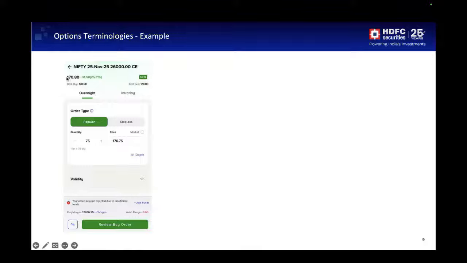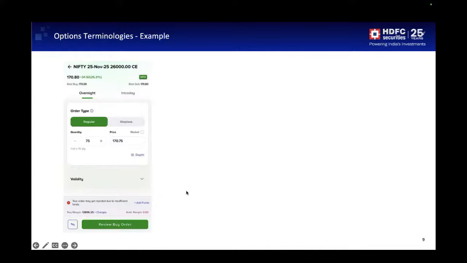This 170.80 is the premium, this much we have to pay if we have to buy this particular contract. And this 75 that you are seeing is the lot size. So one lot will have 75 units. This will be different for different contracts and different underlyings.